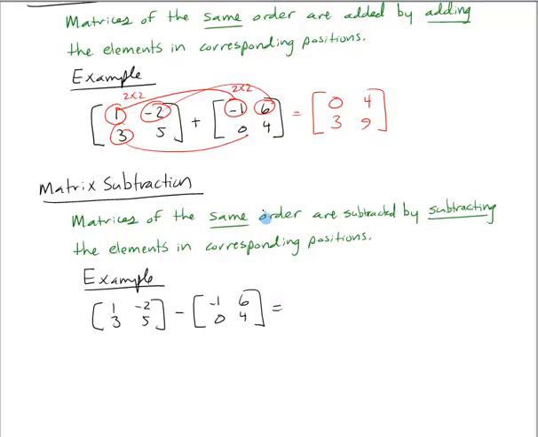So here, when we are finding our difference, we take 1 minus a negative 1, which is the same as 1 plus 1, which is 2. Negative 2 minus 6 is minus 8. 3 minus 0 is 3. And 5 minus 4 is 1. So this matrix gives us the difference.